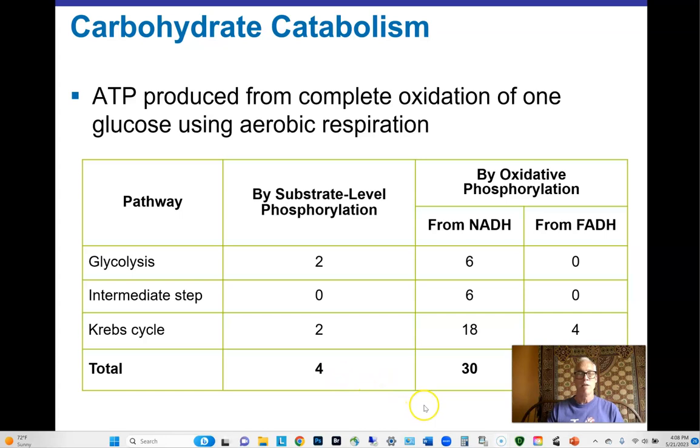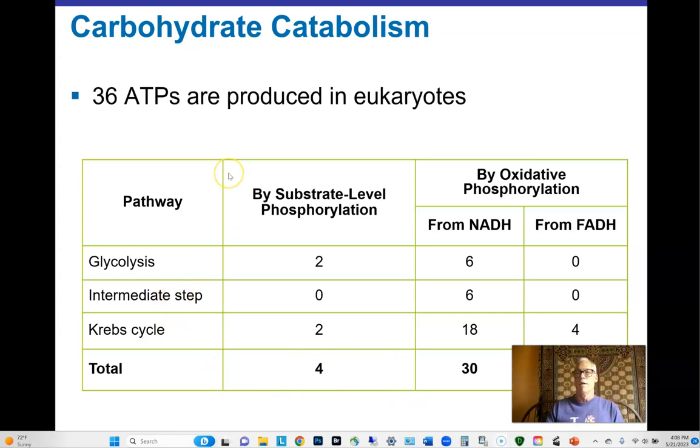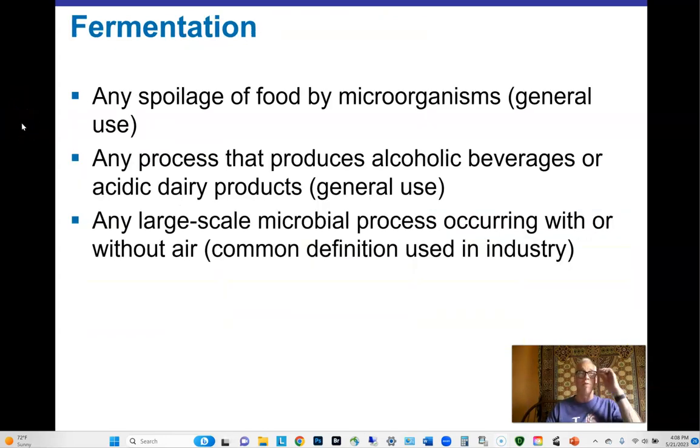So 38 ATPs are possible to produce during cellular respiration. In eukaryotes, we say that there's only 36 ATPs produced. There are some slight details that we aren't going to worry about. Generally 36 to 38 ATPs produced. Some tallies suggest only 34 are produced in, say, muscle cells of eukaryotes, but that's not really an issue.